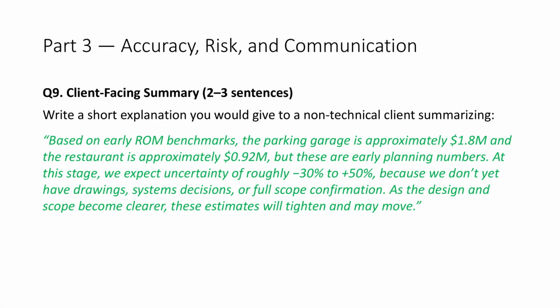Based on early ROM benchmarks, the parking garage is approximately $1.8 million and the restaurant is approximately $0.92 million, but these are early planning numbers. At this stage, we expect uncertainty of roughly minus 30% to plus 50% because we don't yet have drawings, systems decisions, or full scope confirmation. As the design and scope become clearer, these estimates will tighten and may move.